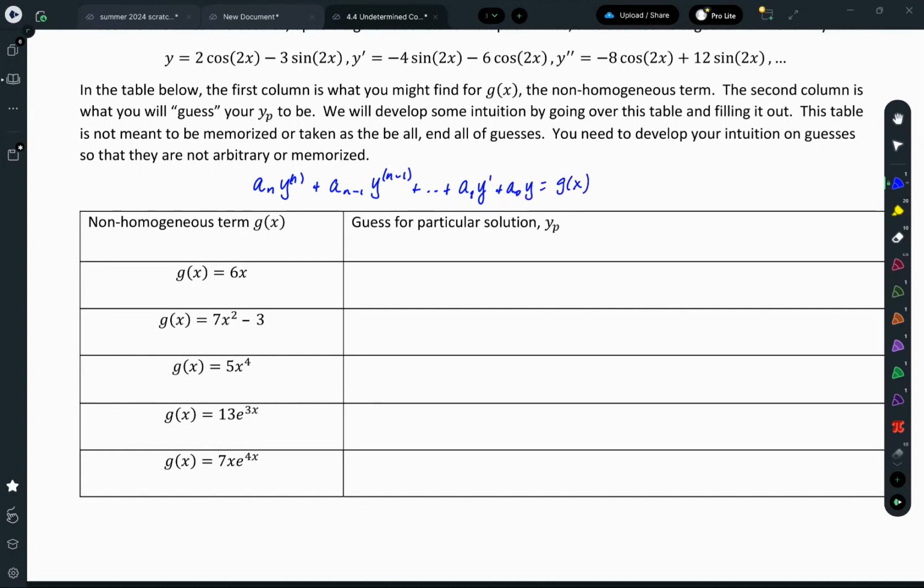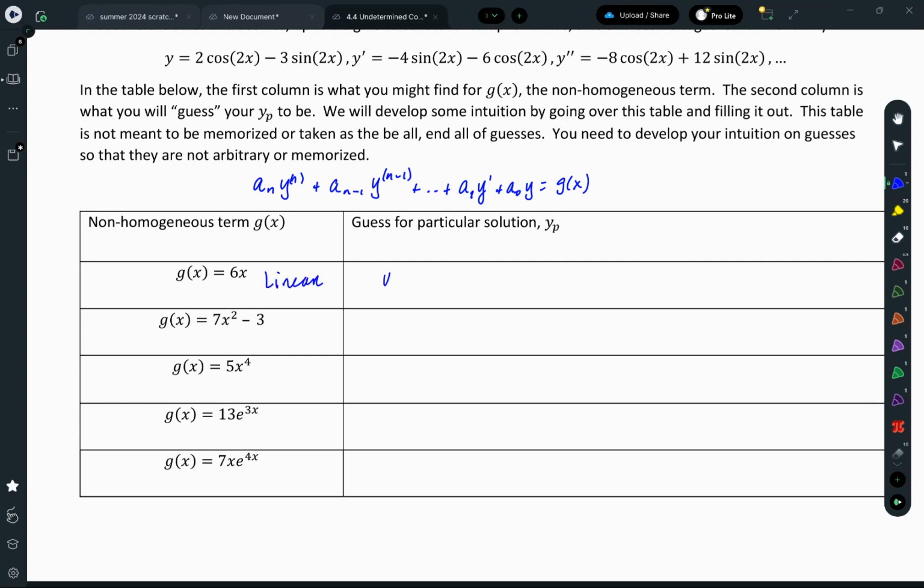So we're saying that y sub p should be a function so that when I take y sub p and I combine it with its derivatives, I get back 6x. Well, 6x is a linear function, so I'm hoping that my particular solution is some linear function. It would make sense that it would take a linear function and its derivatives to be added together to give you another linear function. So the family here is linear.